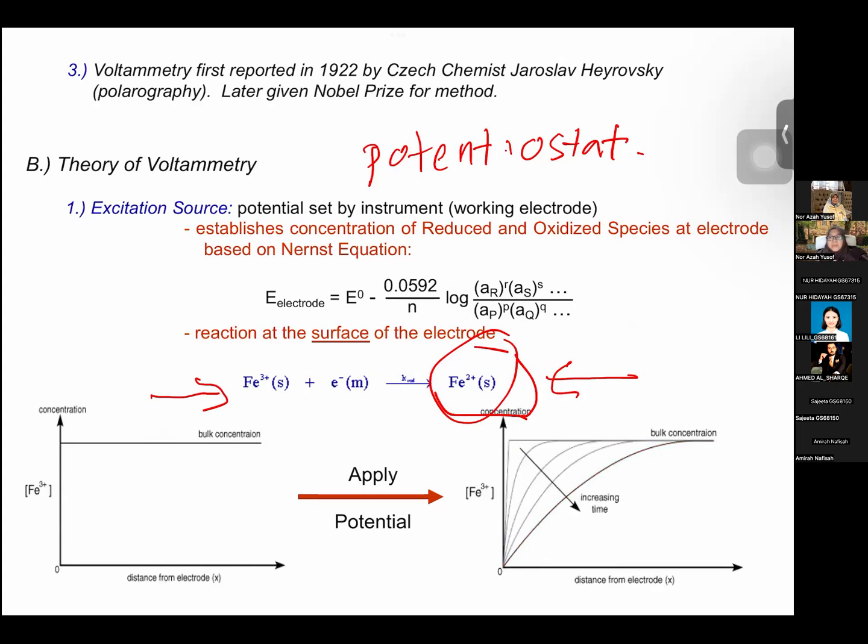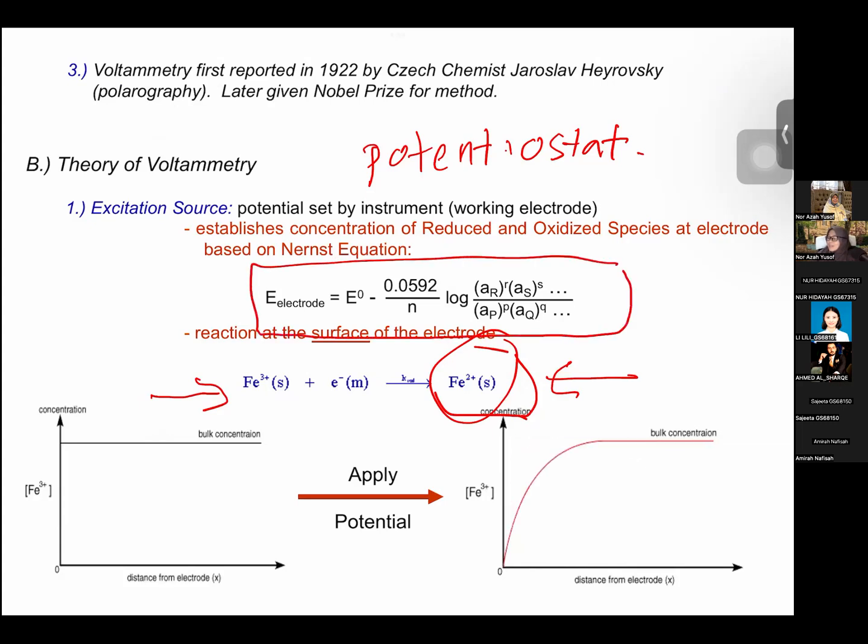And if you remember your physical chemistry, voltammetry requires you to use the Nernst equation. So this is where the Nernst equation comes in. I assume that you have listened to this lecture, the recorded one.